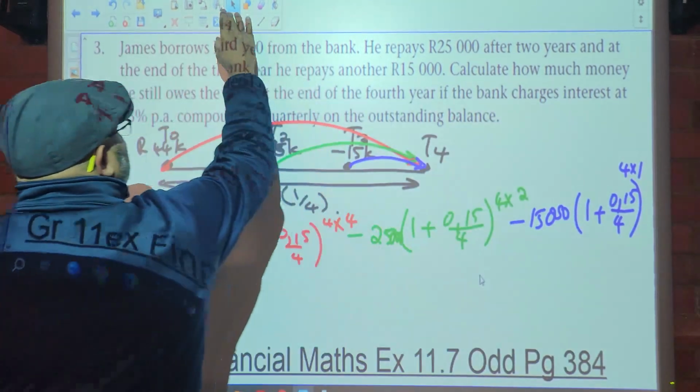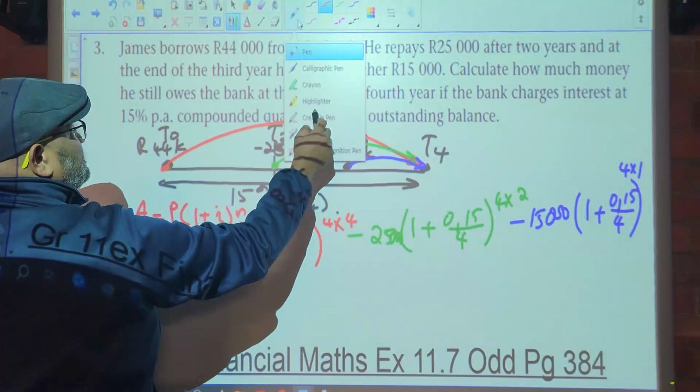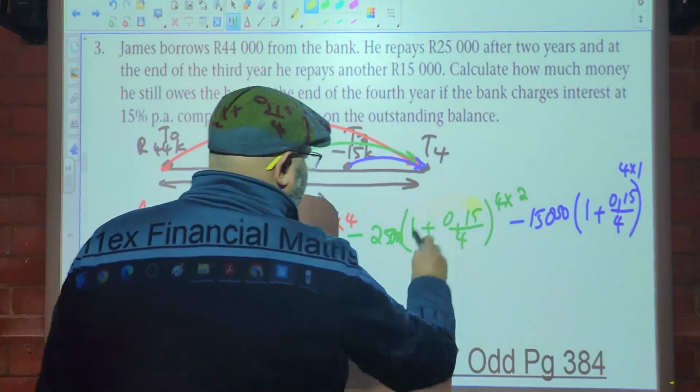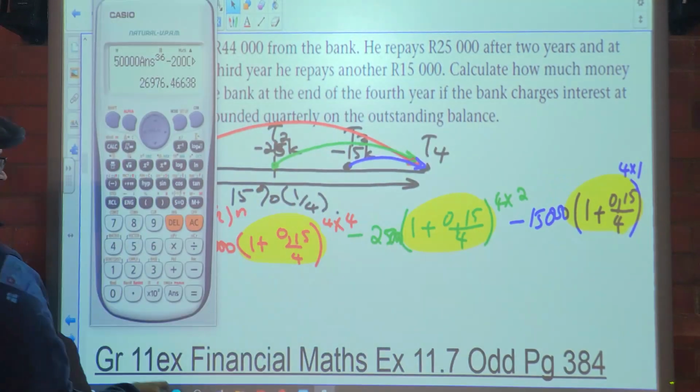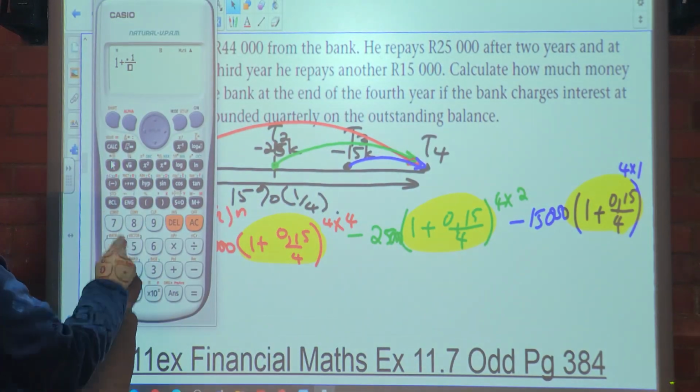Again, I'm going to put the story in the calculator. Okay? So it's 1 plus 0.15 over 4.